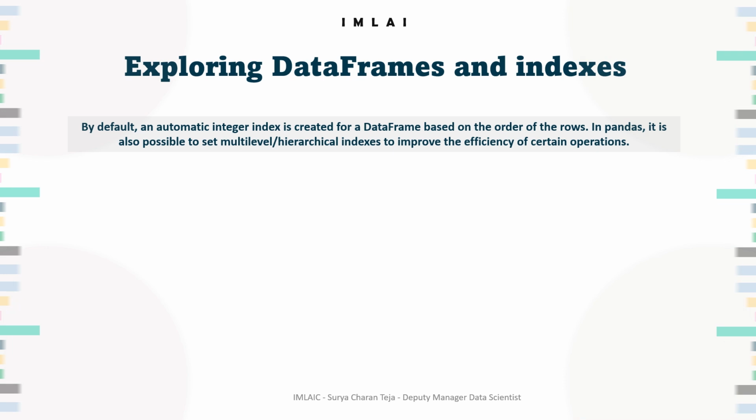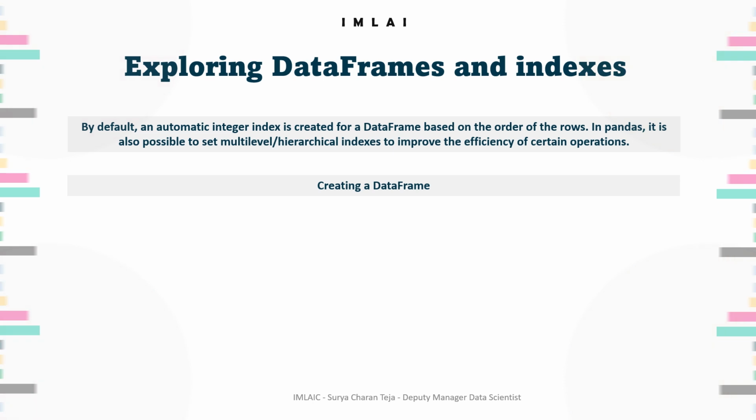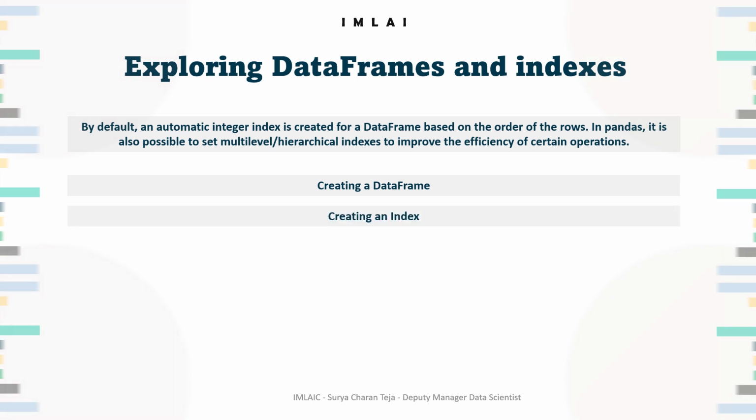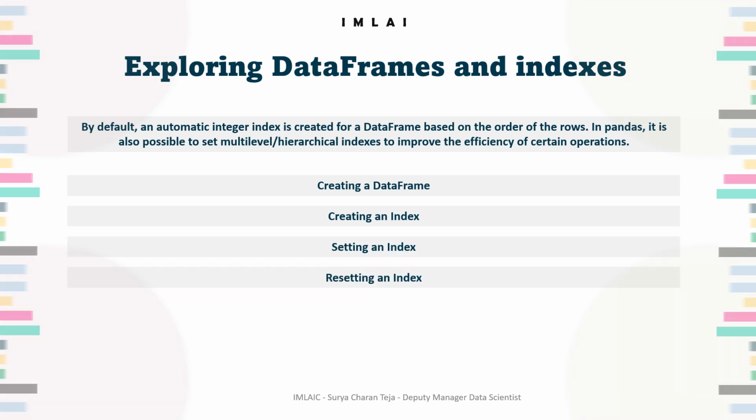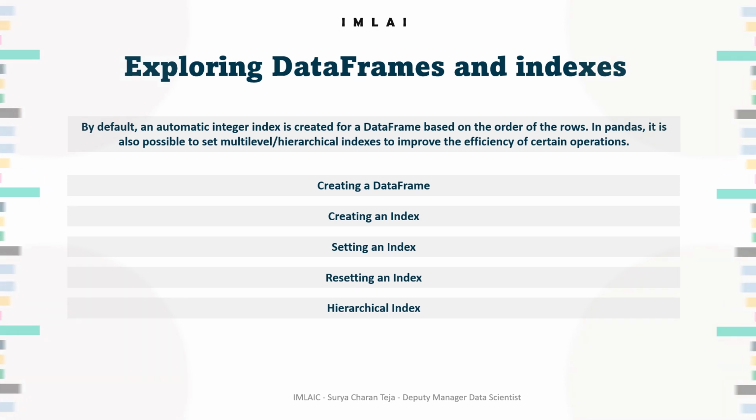That's what we are going to do in this exercise. First we'll begin with creating a data frame, then we will create an index, then we will set an index, then we will reset an index, and finally we will create a hierarchical index. Let's do that.